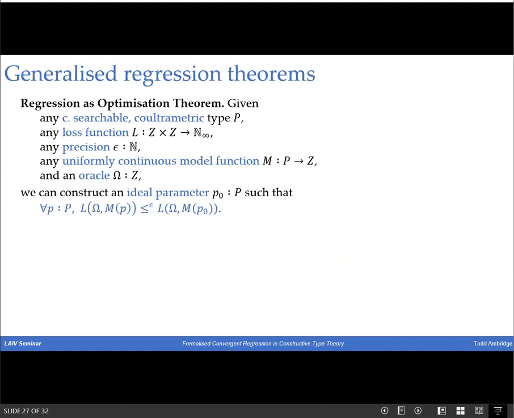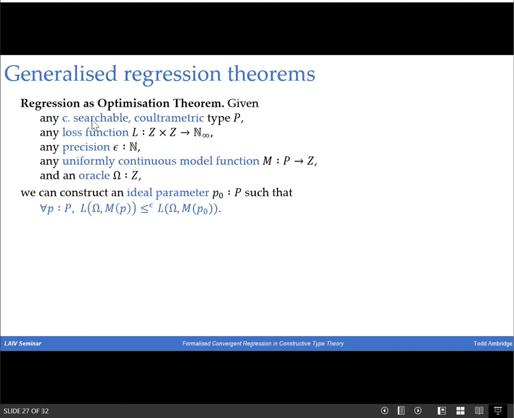So we say for any searchable parametric type of parameters, any loss function on this oracle type, any precision level, any model, and some unknown oracle that we're trying to compute, we can always find some ideal parameter. This is not dependent on the type being searchable, although we do use its searcher a little bit, so we do require it to be searchable.